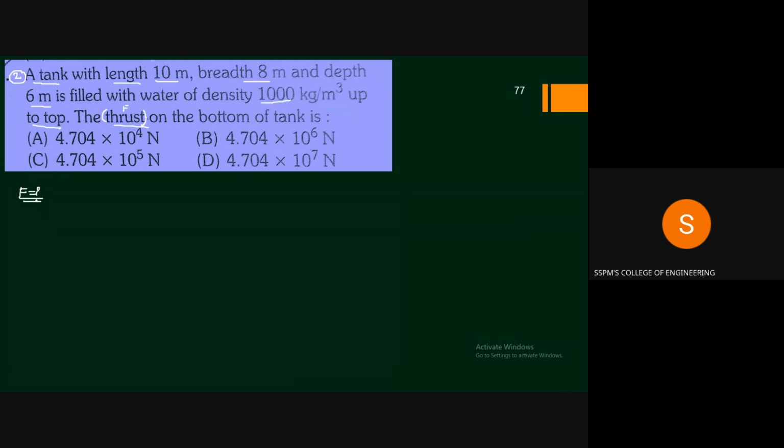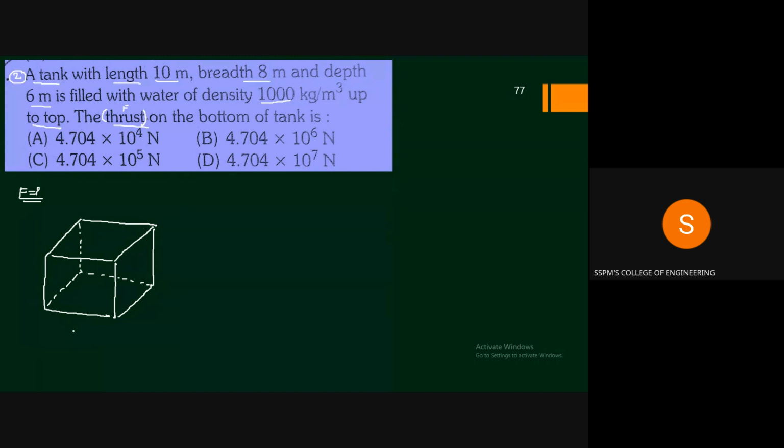Okay, so we can imagine the given question with this diagram. So there is one tank like this, and this tank is completely filled.